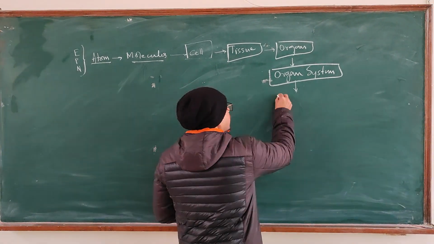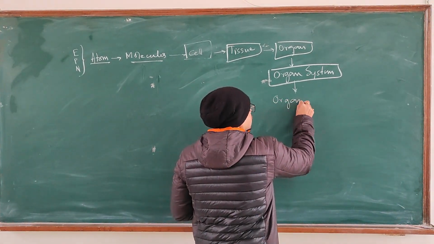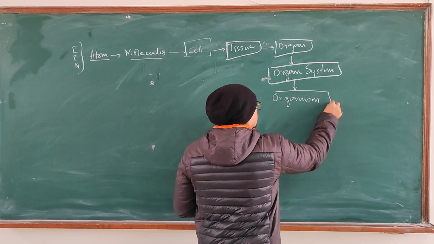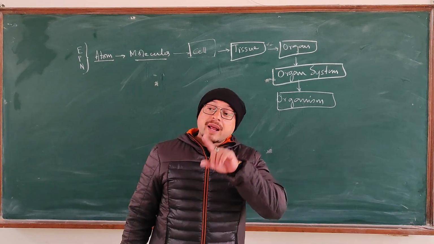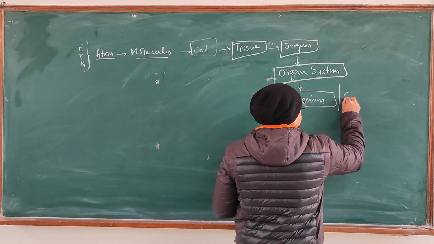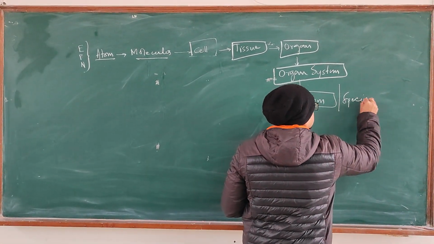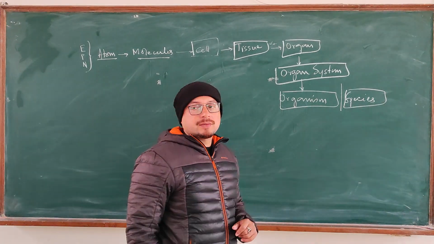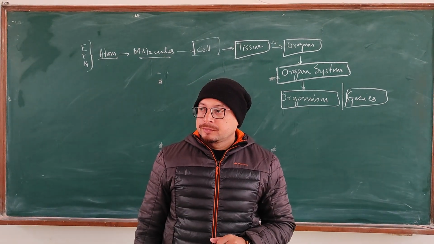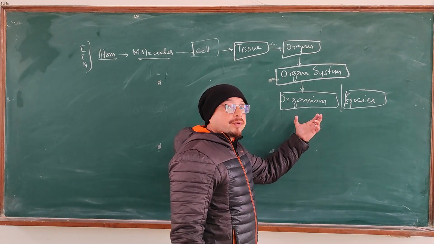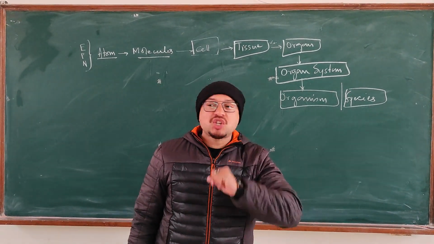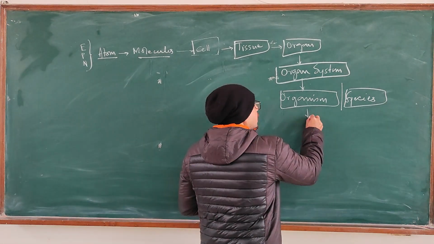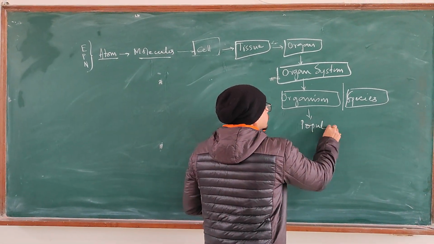would form an organism. So, an organism can be considered to be a species. Now, a group of organisms, a group of one species, would form a population.